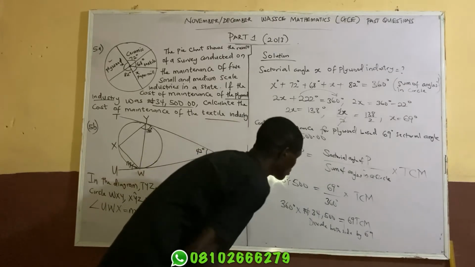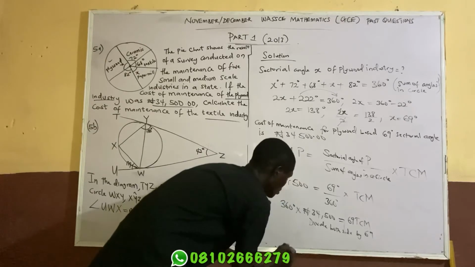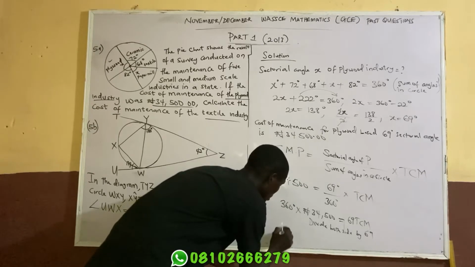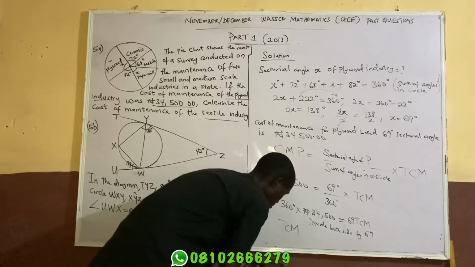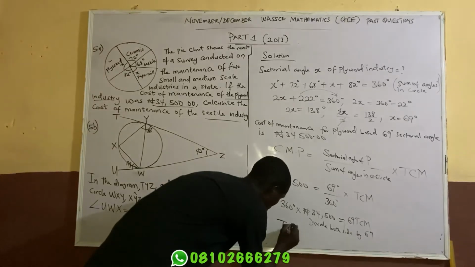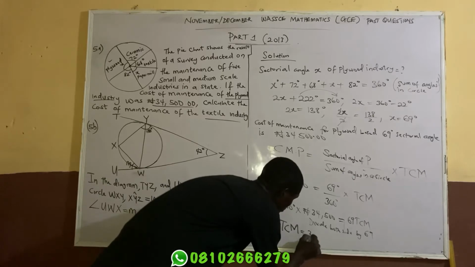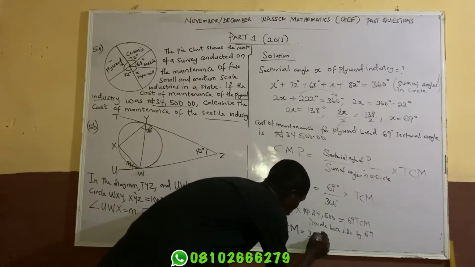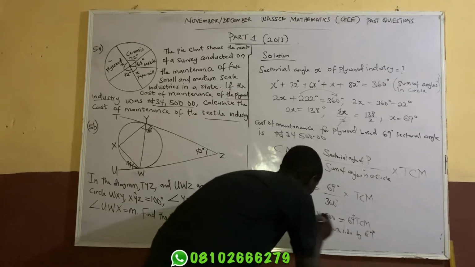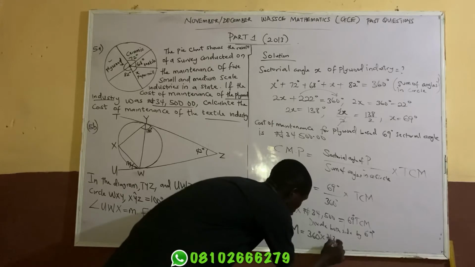And we have TCMP, the total cost of maintenance for the industry, equal to 360 times 34,500 all over 69. You can put degree here; if you want the degree, we later cancel the degree.